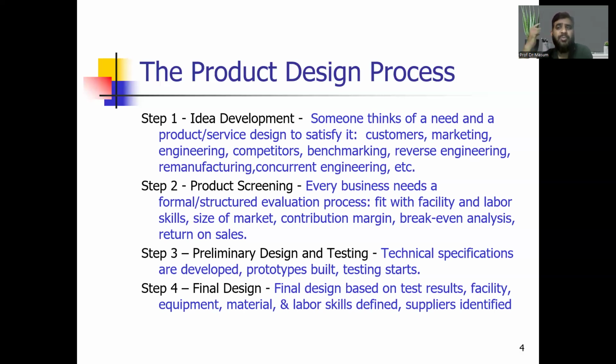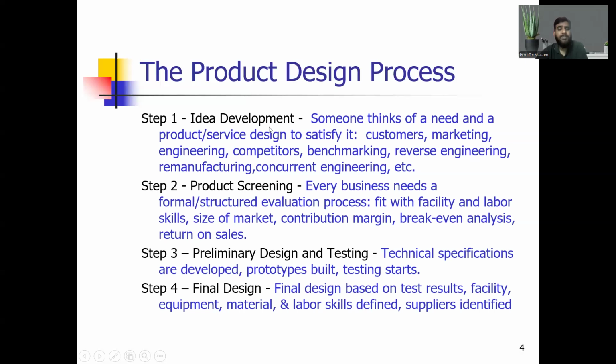Environmental impact, remanufacturing. Sometimes we use used products to develop new products. Remanufacturing, remanufacturability. We think about the environment, we think about the global impact. It is known as the life cycle assessment of the product.